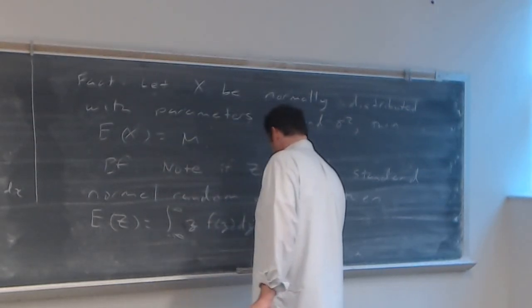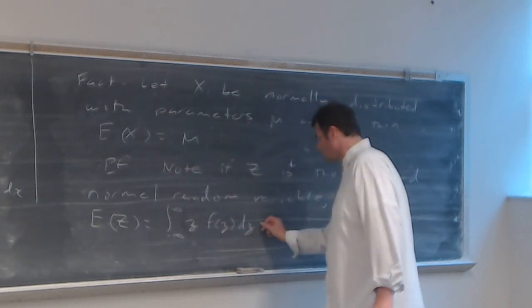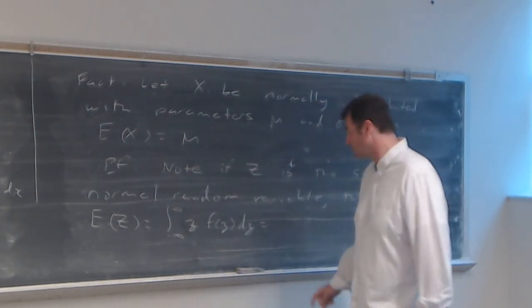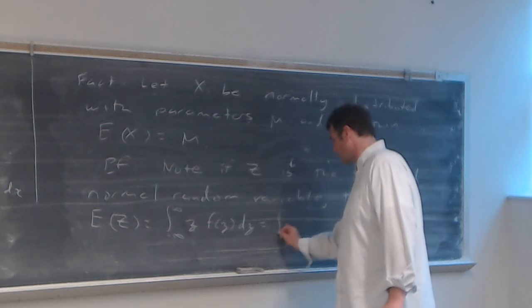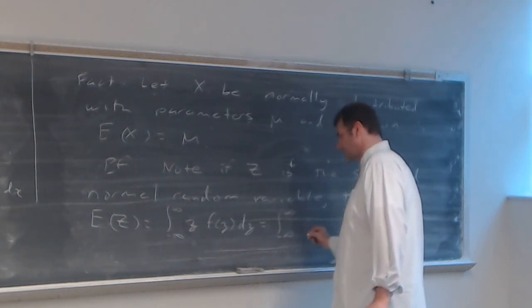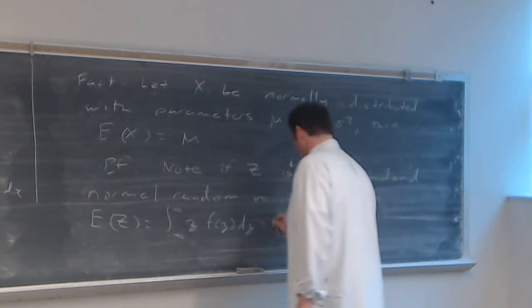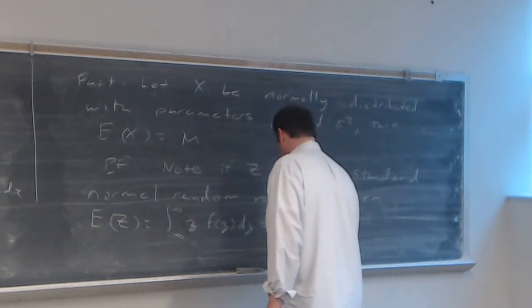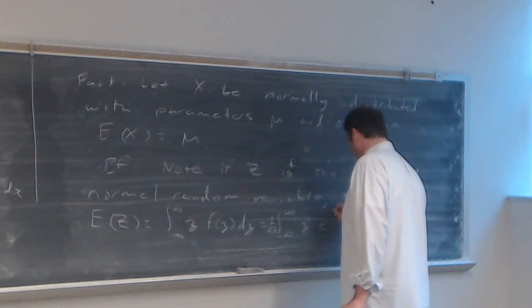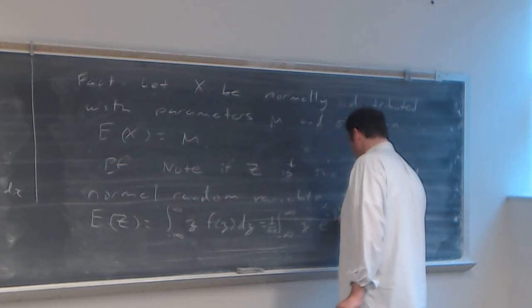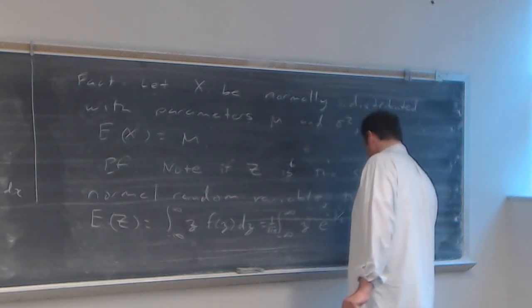Don't do it too fast, you get dz. So that was my joke. That's equal to the integral from minus infinity to infinity of z, let's pull out the constant, 1 over the square root of 2 pi, e to the minus z squared over 2 dz.